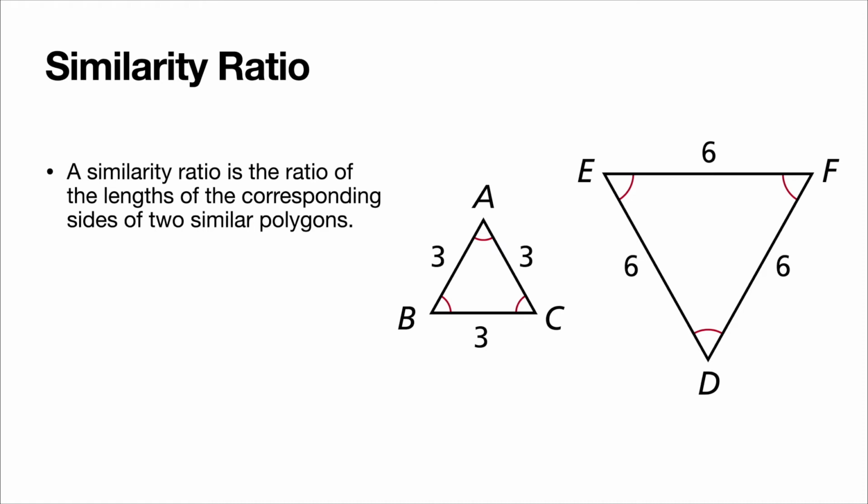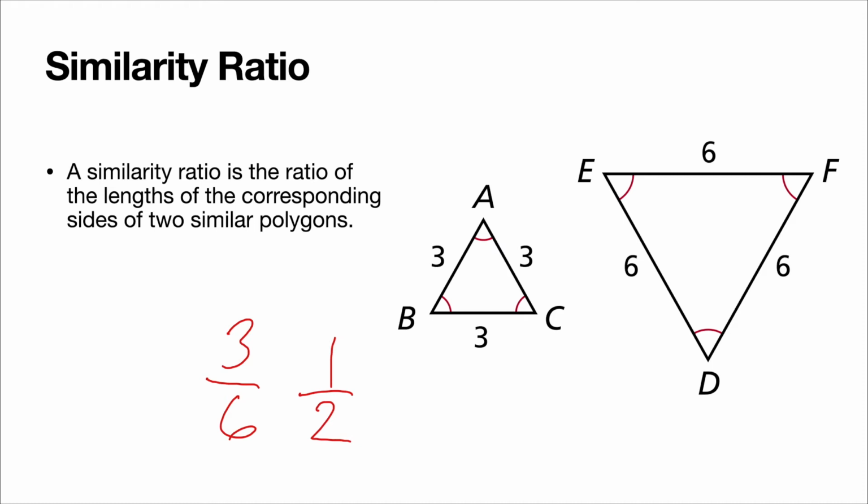A similarity ratio is the ratio of the lengths of the corresponding sides of two similar polygons. So in this case, ABC is similar to DEF. It's also similar to EFD or FDE because, as these are both equilateral, it's similar for all three sides. But the ratio in this case would be 3 over 6 or 1 over 2.